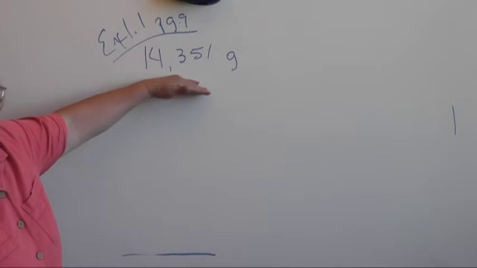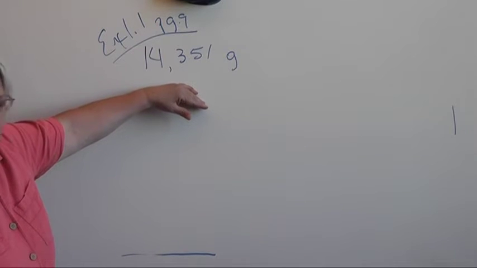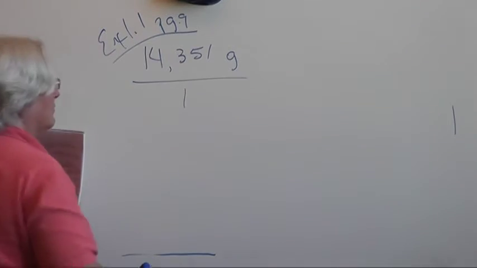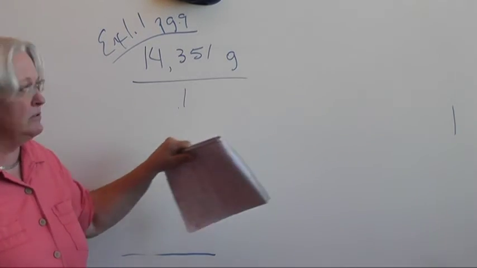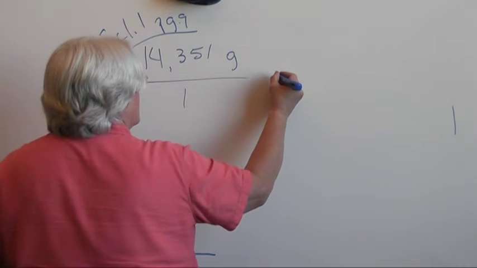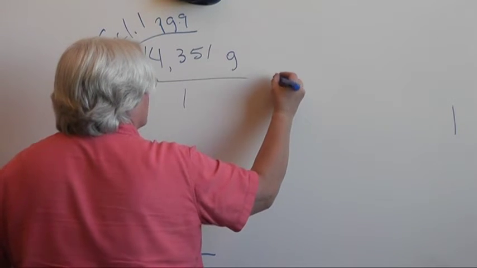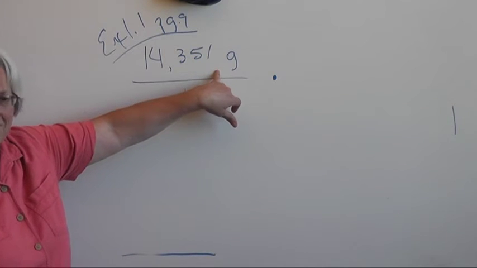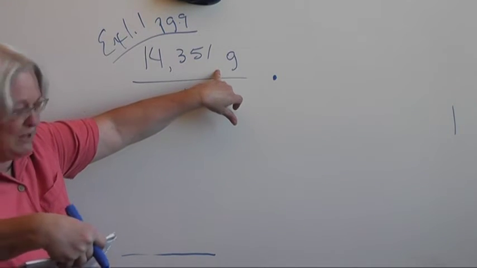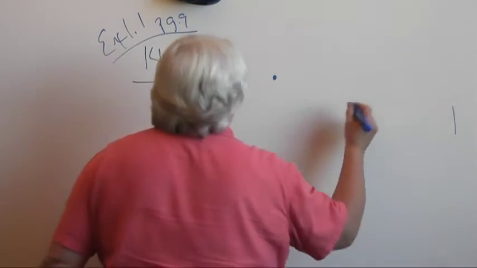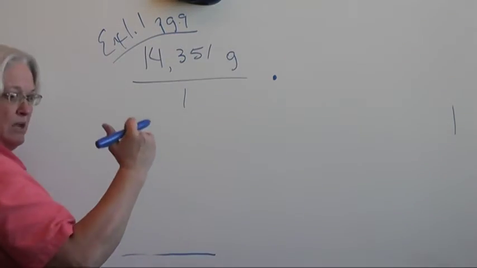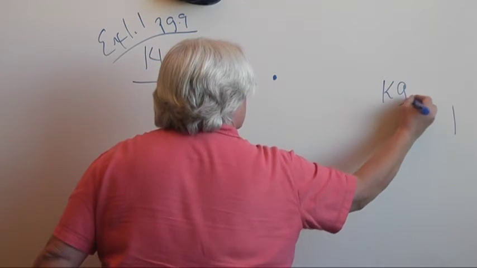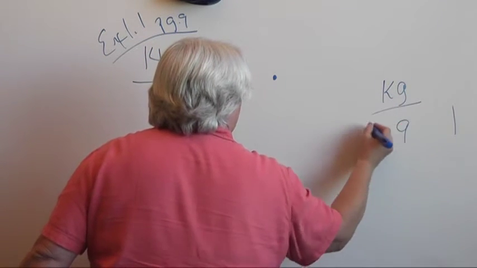So we have a rock that weighs 14,351 grams. We're going to convert that into a fraction by writing it over 1. And now we want to multiply this by a conversion factor that is the relationship that exists between grams and kilograms. Since we want to change into kilograms, the kilograms is going to be in the numerator. So we have kilograms and grams.